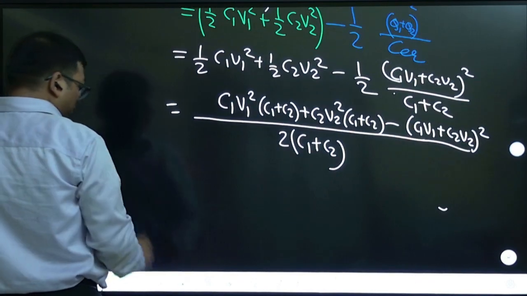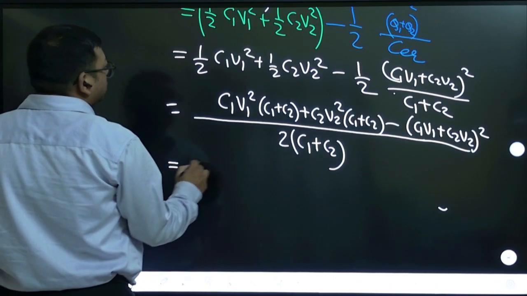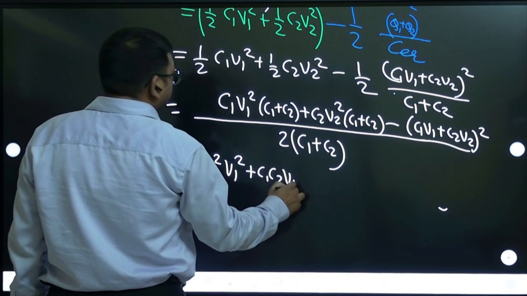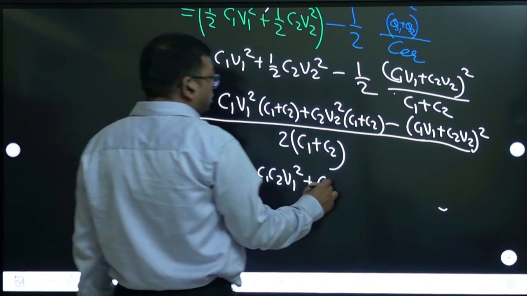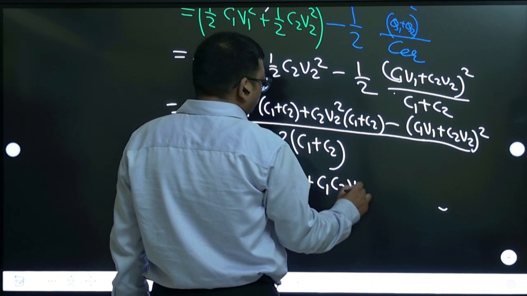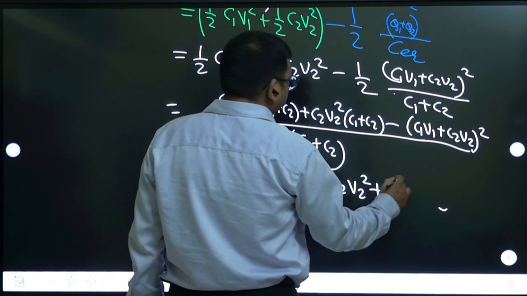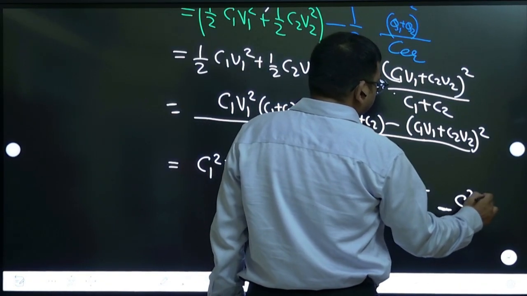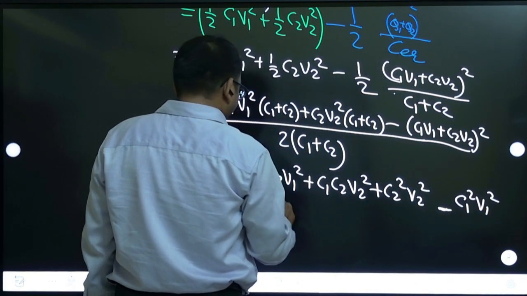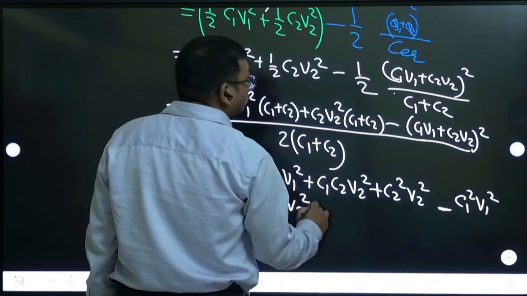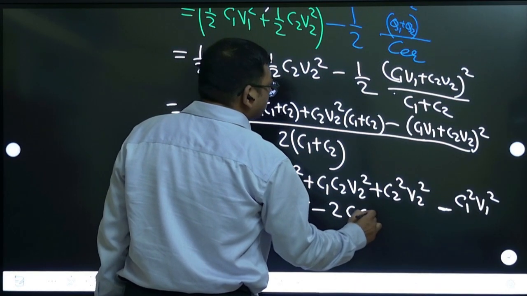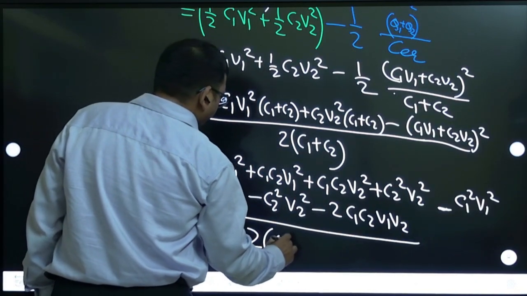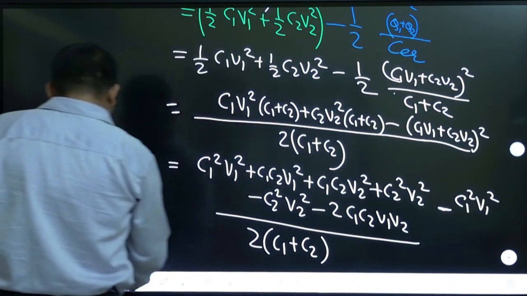Okay, then let us open this bracket. So C1 square V1 square plus C1 C2 V1 square plus C1 C2 V2 square plus C2 square V2 square minus, open this, C1 square V1 square plus C2 square V2 square plus 2 C1 C2 V1 V2, divided by 2 times C1 plus C2. Then what will happen?